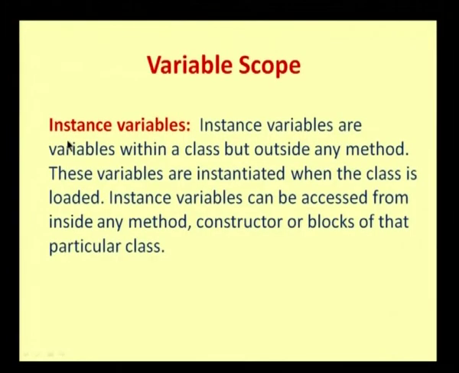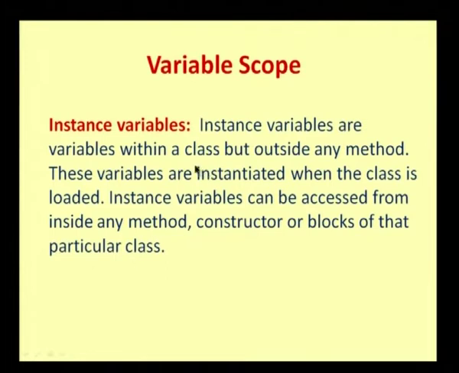Next are instance variables. Instance variables are variables within a class but outside any method. These variables are instantiated when the class is loaded. An instance variable can be accessed from inside any method, constructor or block of that particular class.